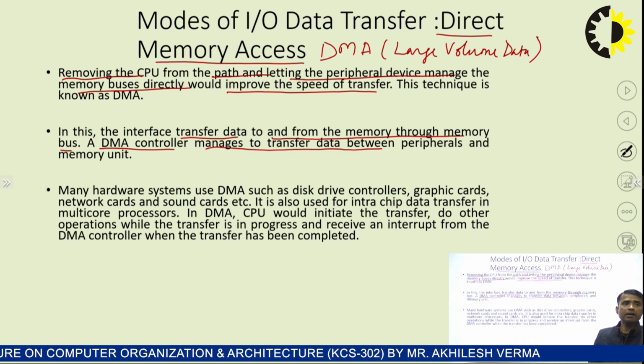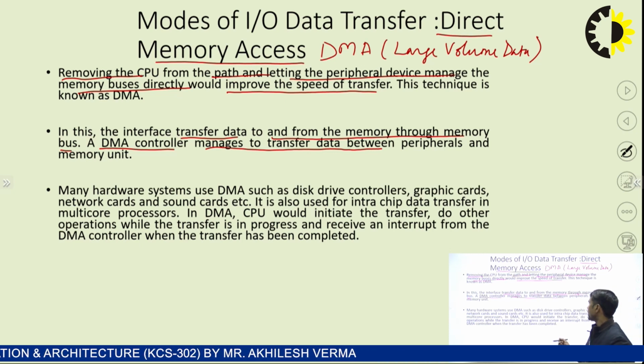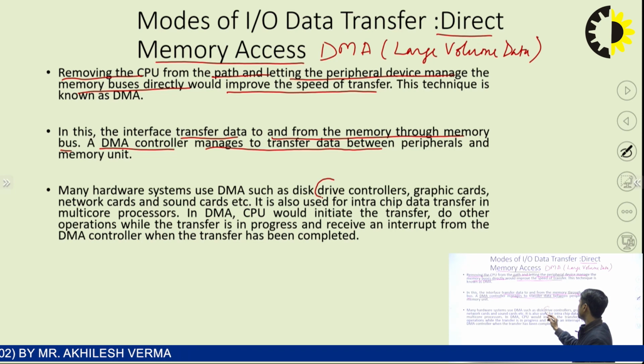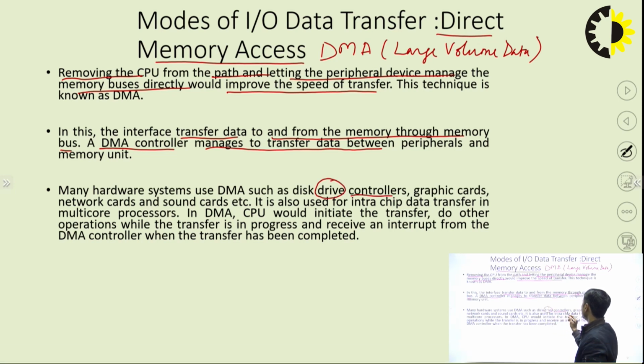Who takes advantage of this DMA based IO transfer? We have seen there are a few IO controllers, like those we connect to various disk drives, SCSI interfaces. We also know there are graphics cards which need IO interfacing.